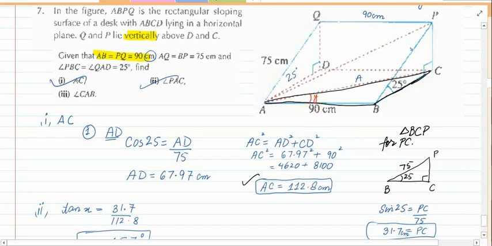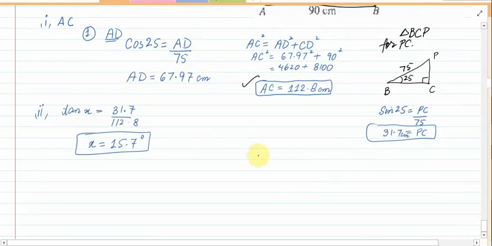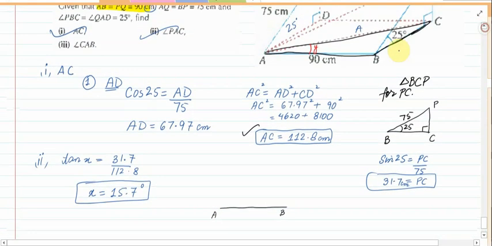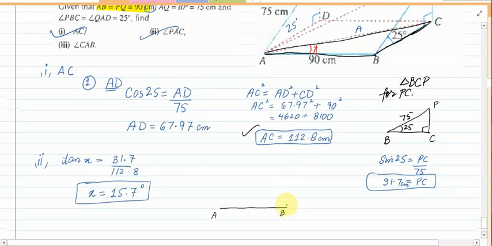If I draw this triangle ABC separately, it will look like this. The length of A to B is a straight line, and then from B it is at 90 degrees, and why is it at 90 degrees? Because ABCD is a rectangle. So that is triangle ABC. In this triangle, the value of AB is known.